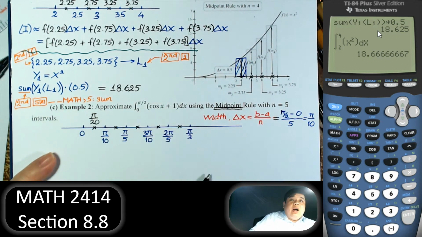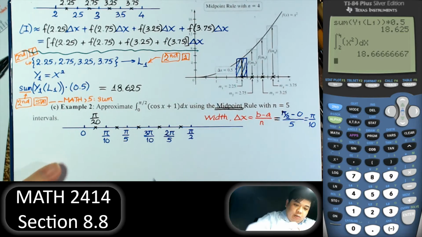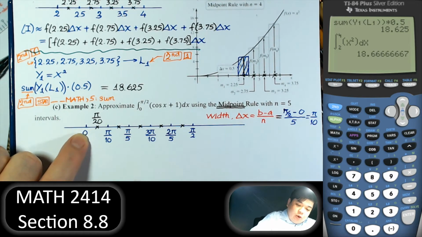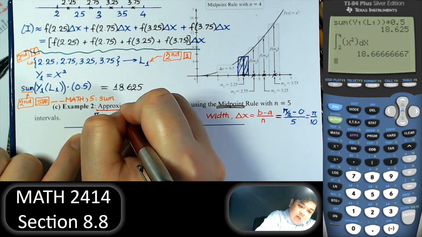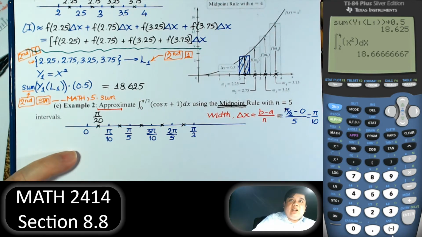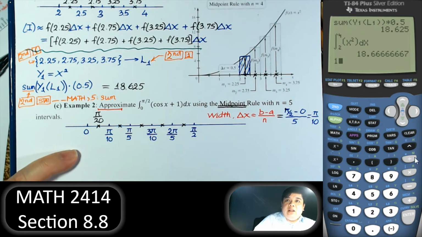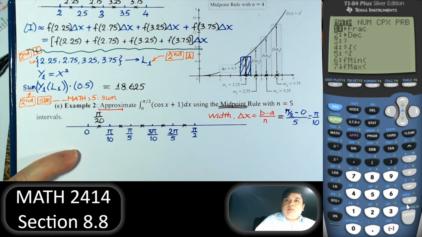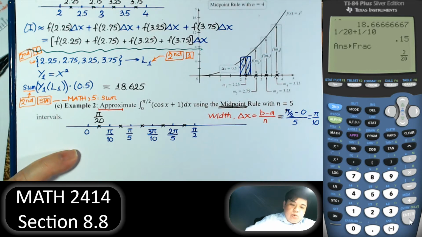Between these two, we're just going to add the width, pi over 10, to it. That gives us another midpoint. So we just go with pi over 20 plus pi over 10. So what is 1 over 20 plus 1 over 10? So that is fractional, 3 over 20.